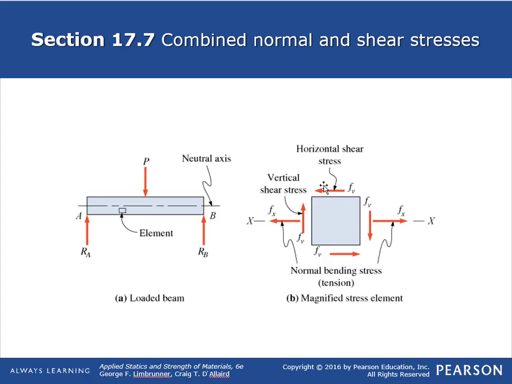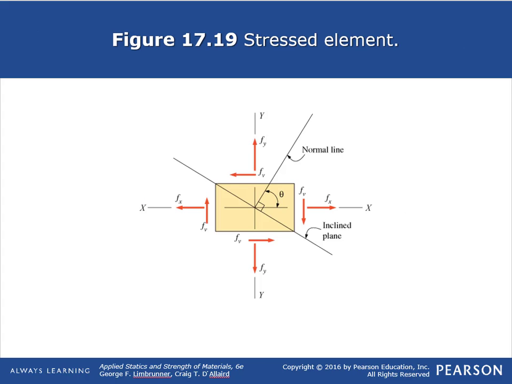Now we know that shear stresses cannot exist on a plane by themselves. There has to be an induced response on an opposite plane. That's why we have these arrows here, and we talked about that in chapter 11. So now, here's our stressed element.